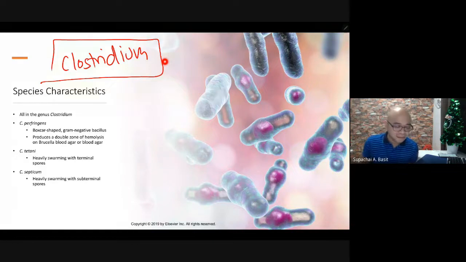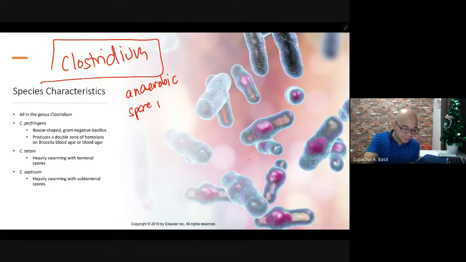So when we say Clostridium, they are what? Anaerobic, and they are spore-forming. And what are the important species of Clostridium?